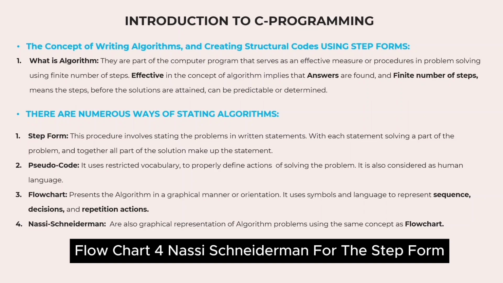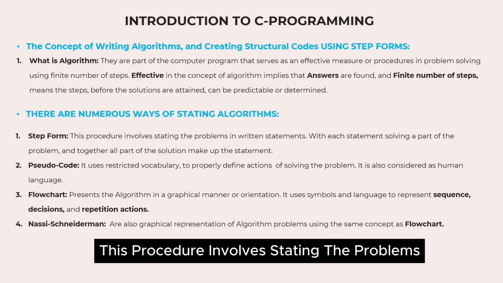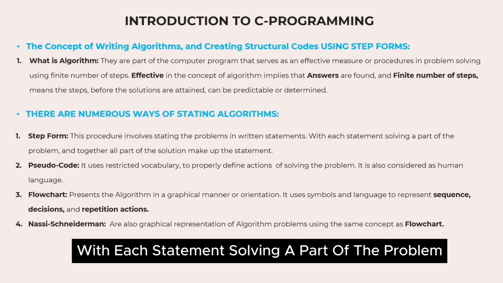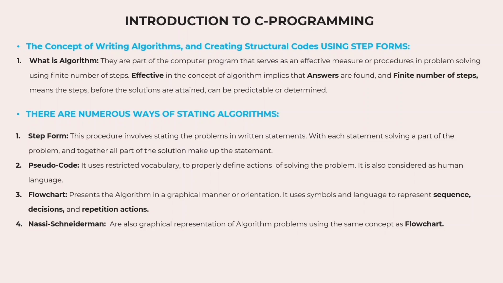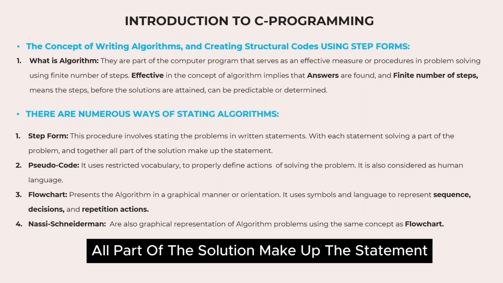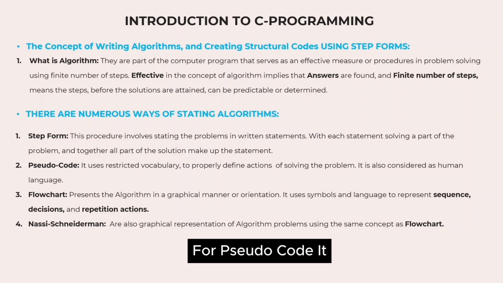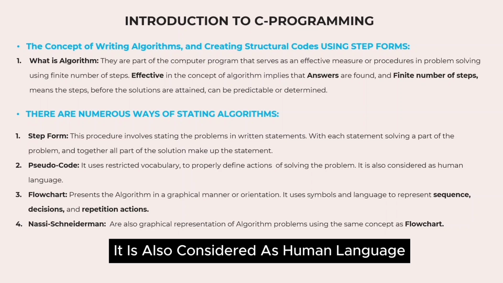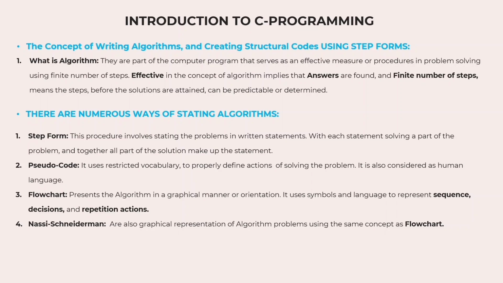For the step form, this procedure involves stating the problem in written statements, with each statement solving a part of the problem, and together all parts of the solution make up the statement. For pseudocode, it uses restricted vocabulary to properly define actions of solving the problem. It is also considered as human language.